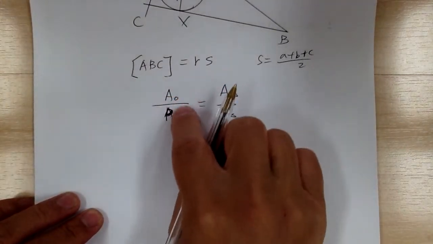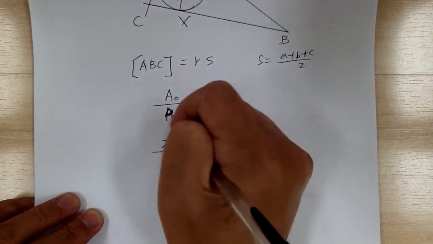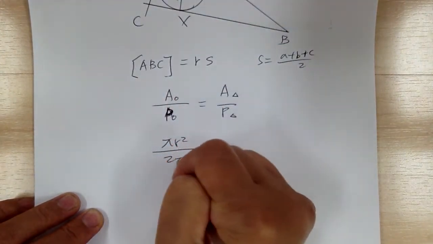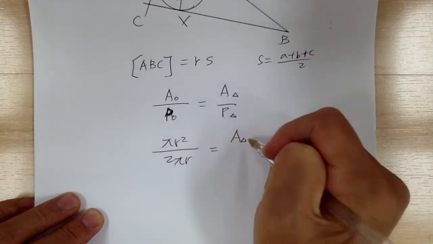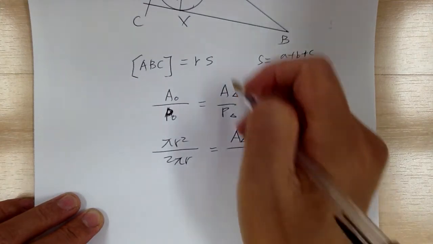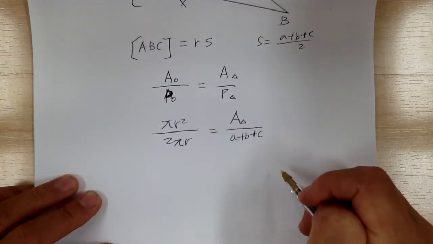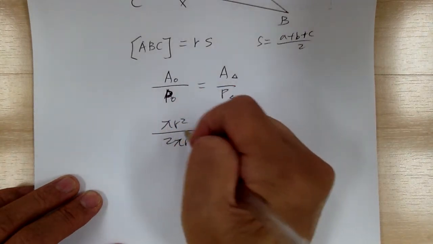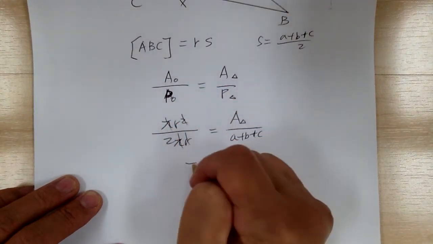In this case, you can simplify. The area of the circle is pi r squared, and the perimeter of the circle is 2 pi r. And the area of the triangle is this over here, over the perimeter, which is A plus B plus C.